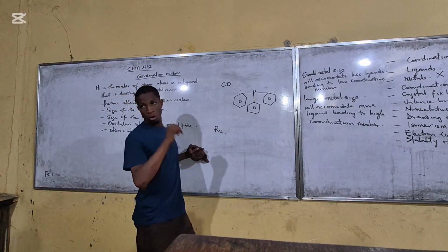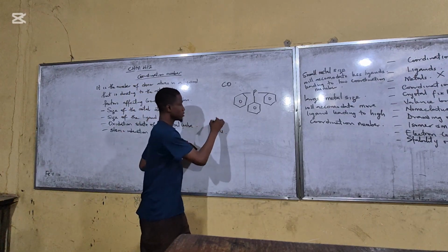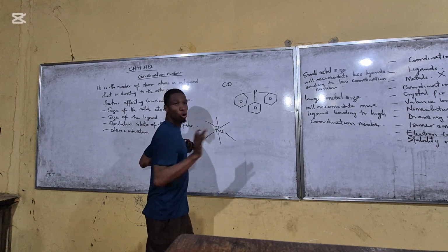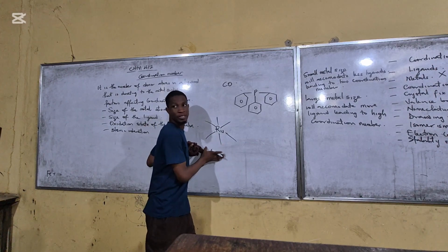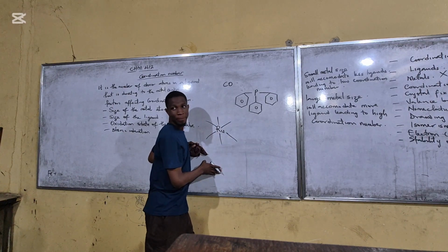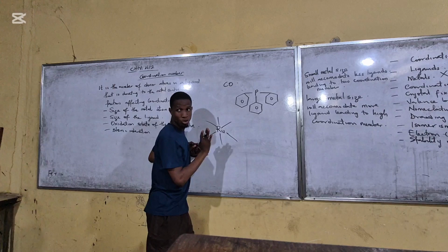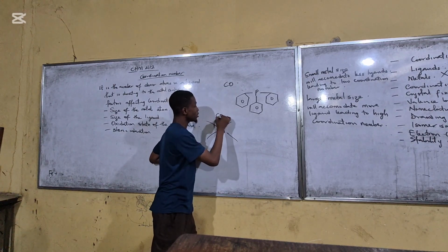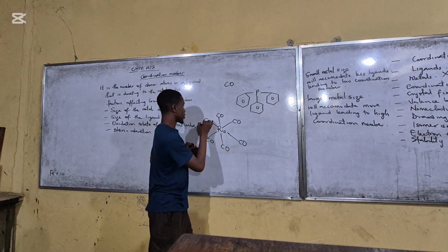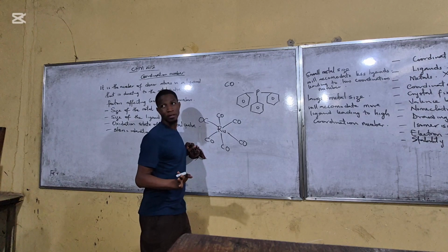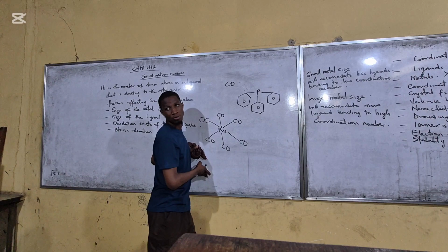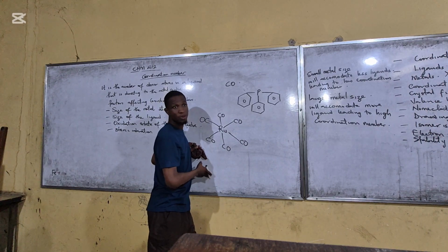Which one would you put more? Let's say you have to put 6. Which one can you comfortably put 6 of in this place without any trouble? CO or this one? This one now. You can easily put CO like this. There will be enough space. But imagine you want to put 6 of this. Do you think it's possible? It will be very, very compressed.